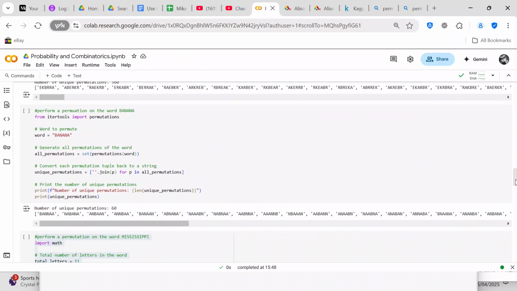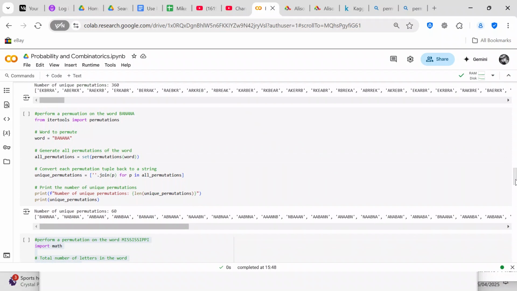So it also gives you banana. So perform a permutation on the word banana. From itertools, import permutations. The word to permute is banana, and we generate all permutations of the word. So all_permutations equals set(permutations(word)), and unique_permutations equals a space dot join P for P in all_permutations.